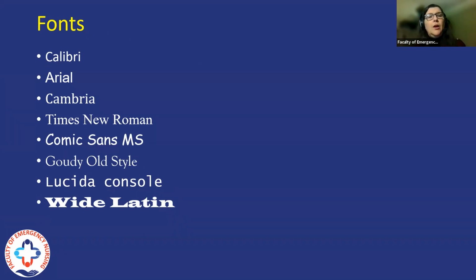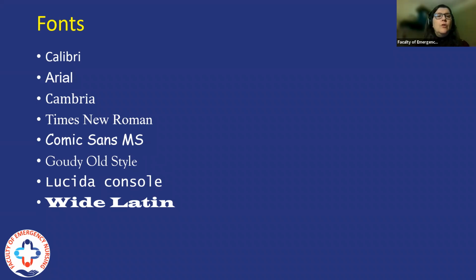Now, how are you going to write this? Well, the first thing I want to talk to you about in writing, just putting finger to keyboard, is the font you choose. It's really important you choose what's called a professional font. Now, the font that we use at the Faculty of Emergency Nursing is Calibri.